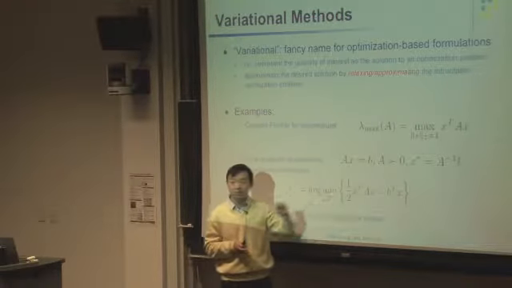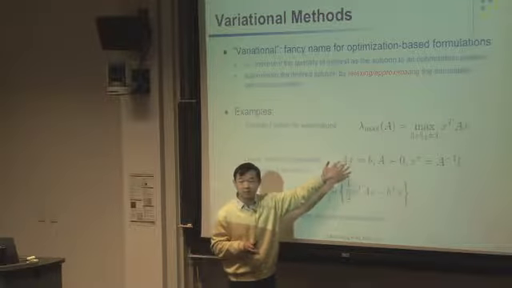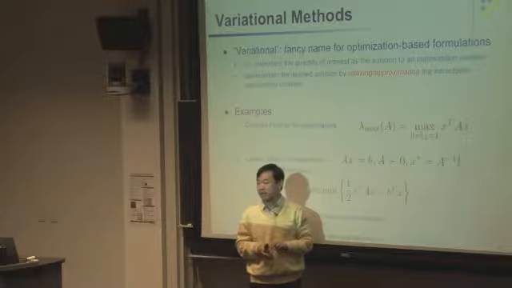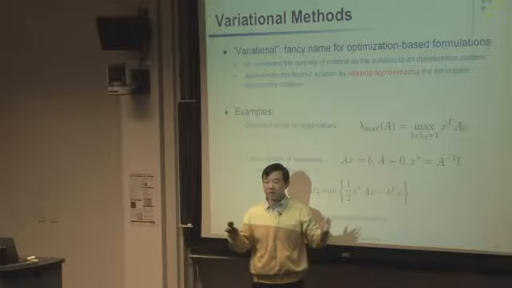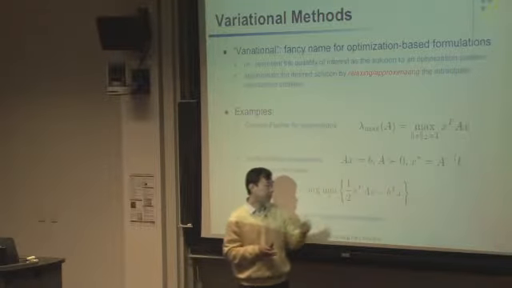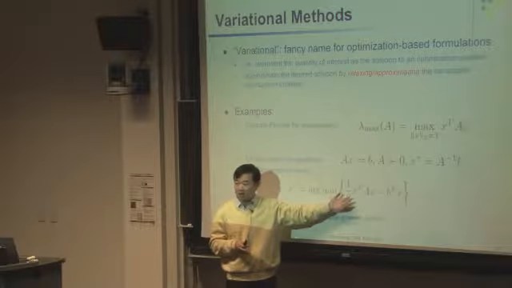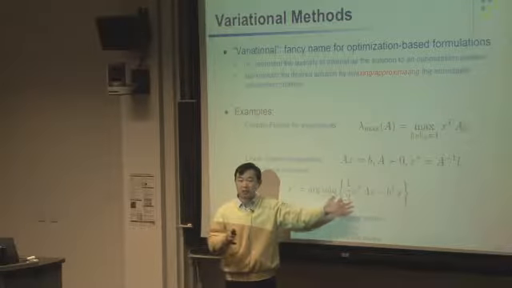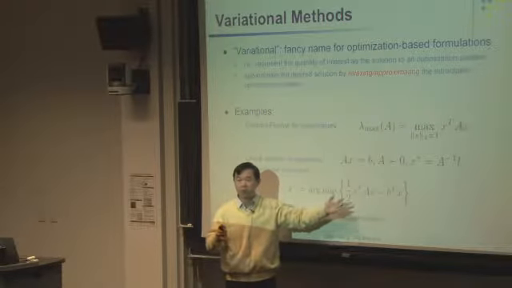But why is this interesting versus this? Well, in here you have to invert a matrix, and sometimes inverting a matrix isn't very fun, right? If you have a very big matrix. And in here you have an optimization problem, and we know how to solve an optimization problem in a generic way, right? You can do gradient, conjugate gradient, coordinate gradient, everything.